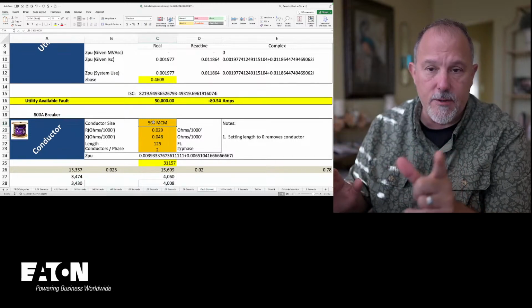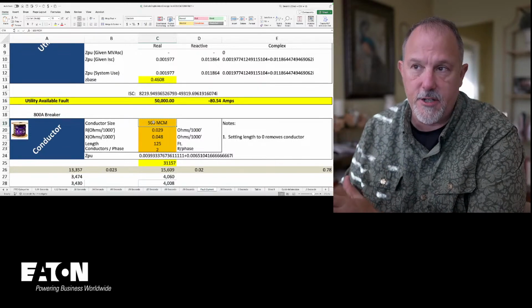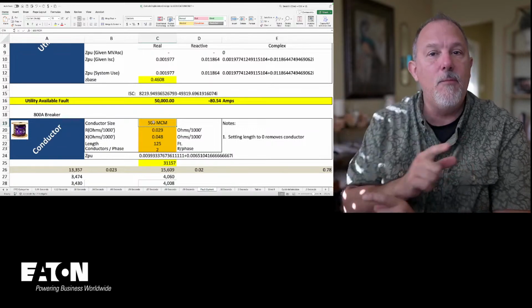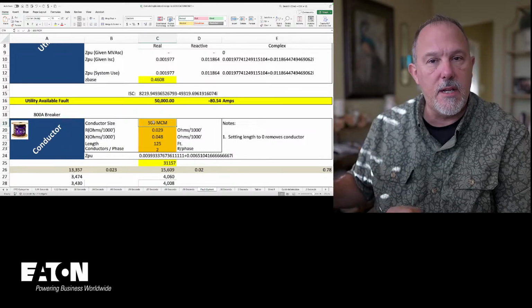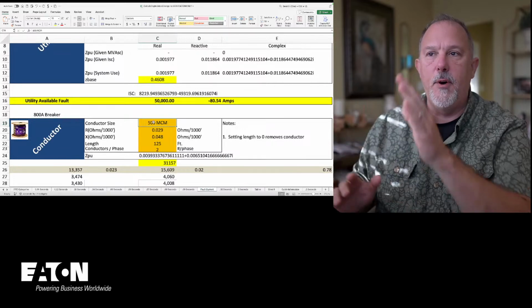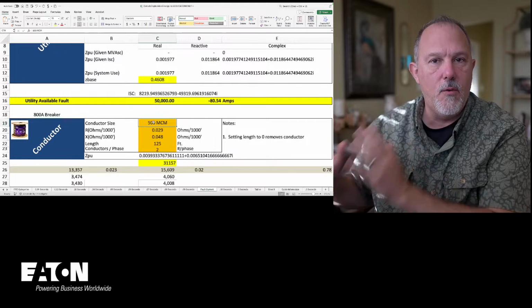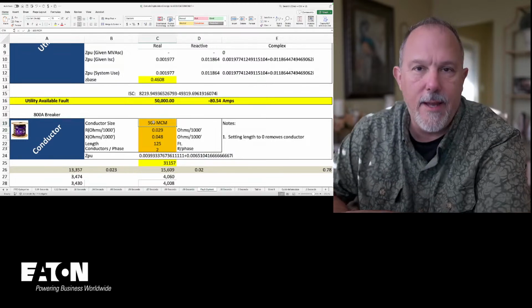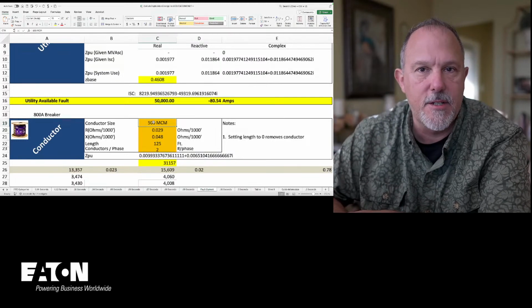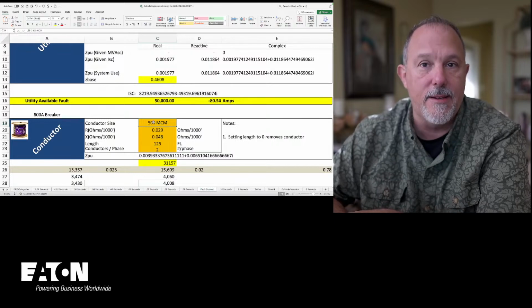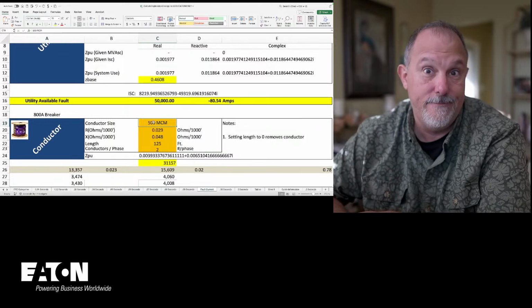What we're doing right now is verifying our hand calculation with Excel. Then we're going to model this in SKM and verify both the Excel spreadsheet and the hand calculation with a 20-some thousand dollar program. I don't know how much it costs to buy SKM, whatever it is.